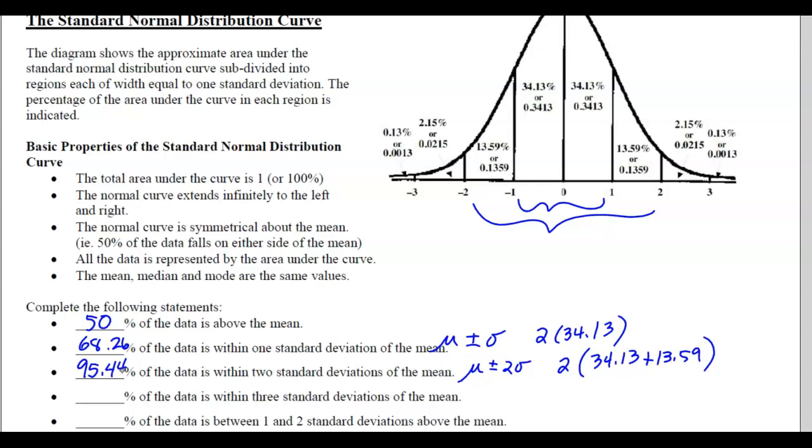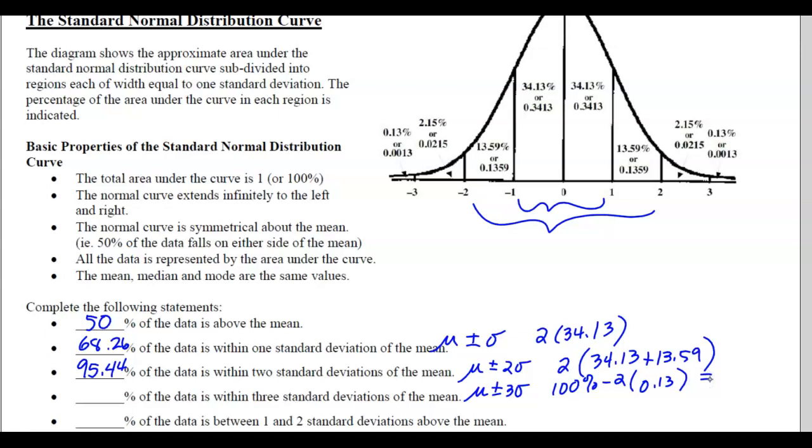Okay, so what percent is within 3 standard deviations of the mean? So it's 2 times this plus this plus this, or you could go 100% minus 2 times 0.13%.